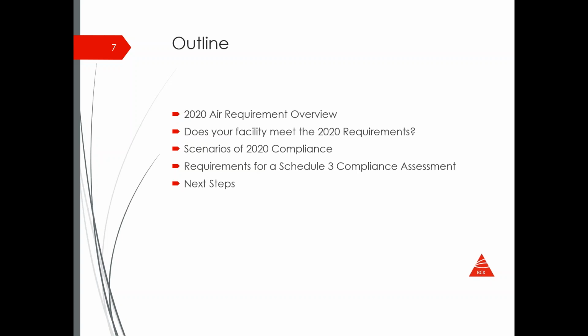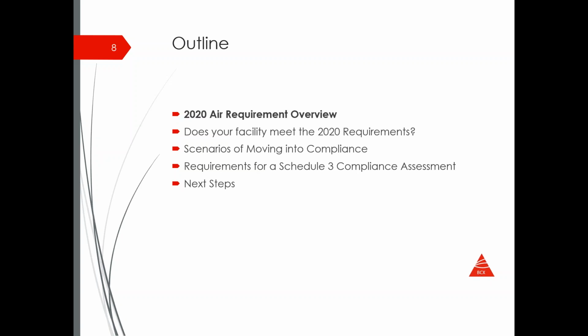After that, we would like to show you a quick way of determining if your facility is currently meeting the 2020 requirements. And if not, we'll have a quick discussion and review about the scenarios to meet the 2020 compliance. And then after that, we'll have a quick review of the requirements for a Schedule 3 compliance assessment, followed by the next steps.